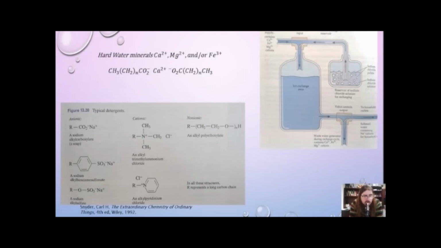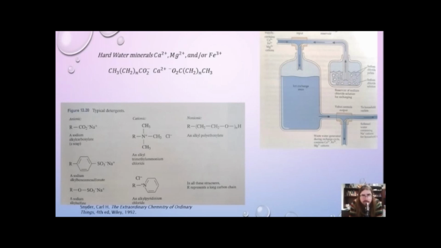And then as your hard water flows in, it's going to knock off the sodium and bind more tightly to the anionic surface. So it's going to catch the calciums, the magnesiums, the iron, and the sodium is going to just flow right through and be displaced by it. So the water that comes out will be significantly softened.